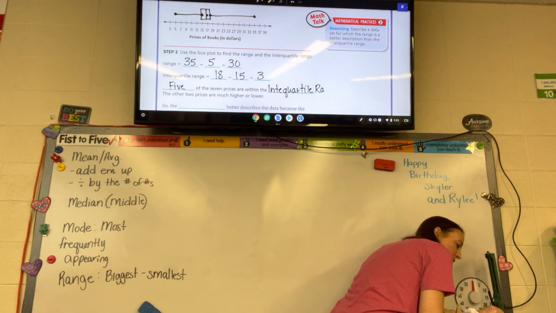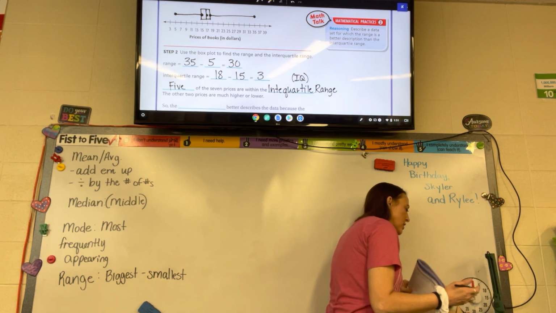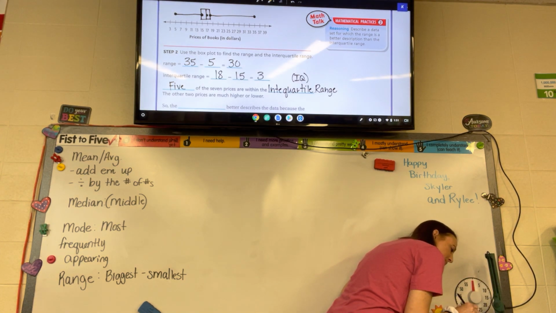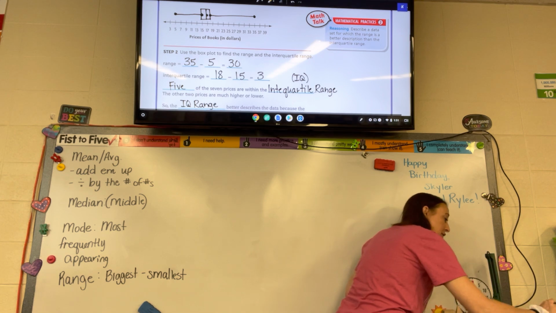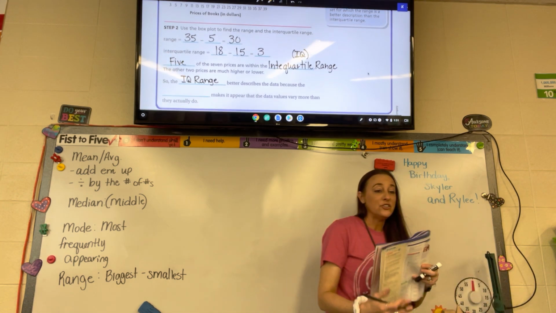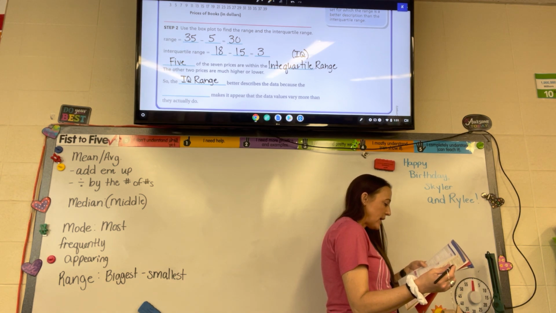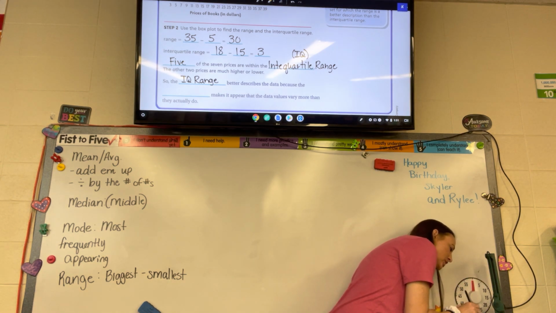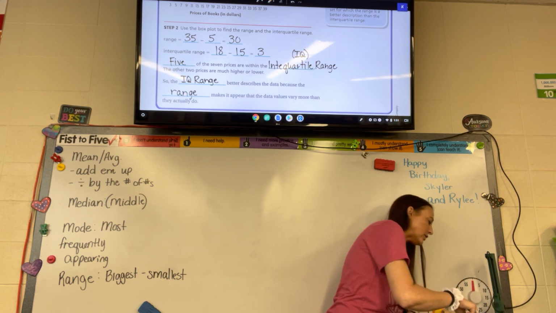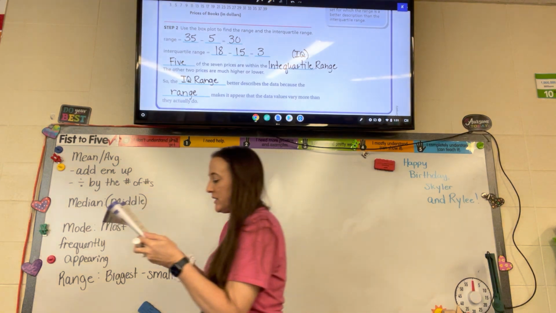And we're going to abbreviate that going forward as IQ range. So the IQ range better describes the data. That's not like an IQ test, which stands for intelligence quotient. The interquartile range better describes the data because the range makes it appear like the data values vary more than they actually do.